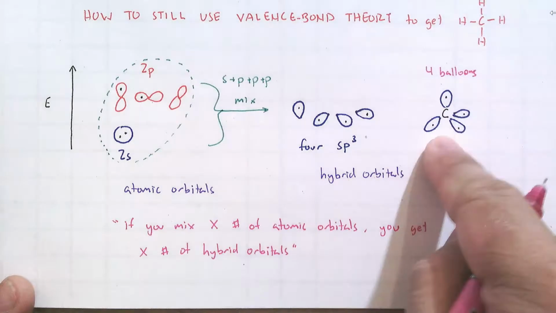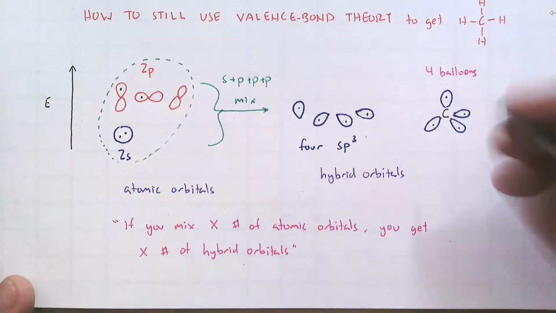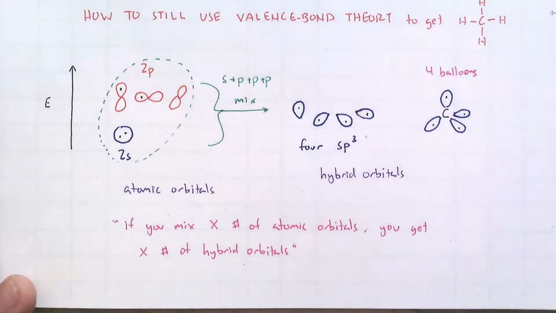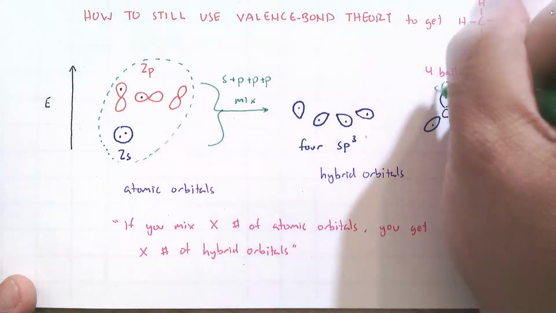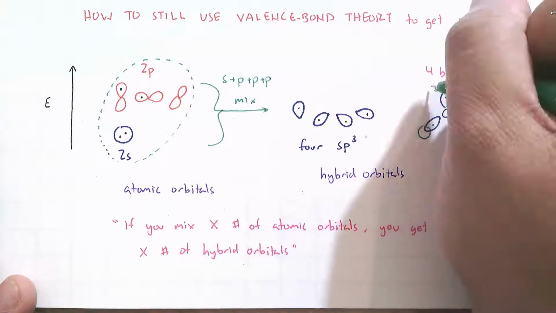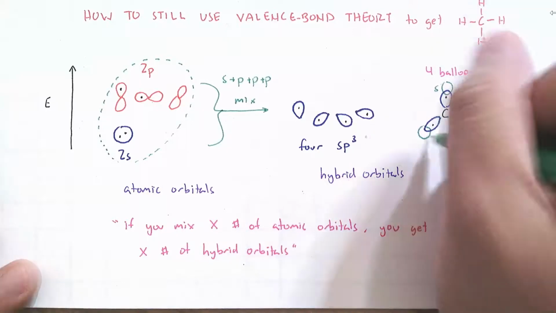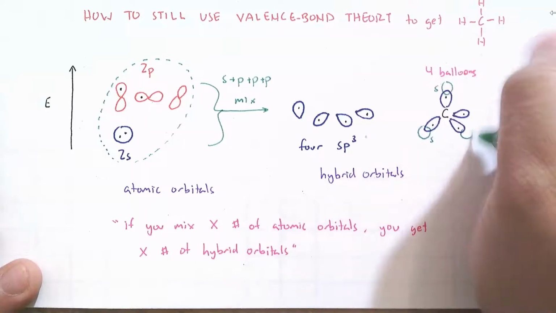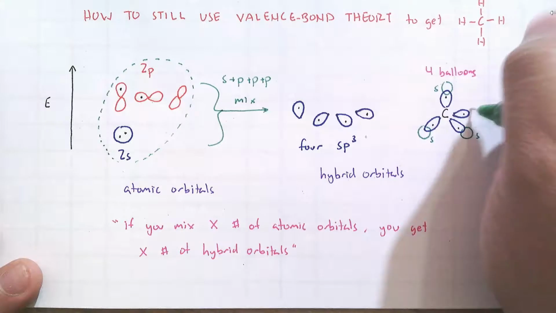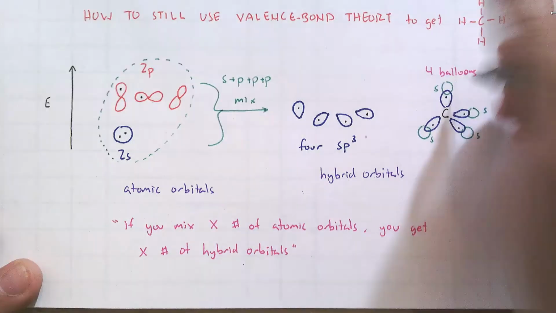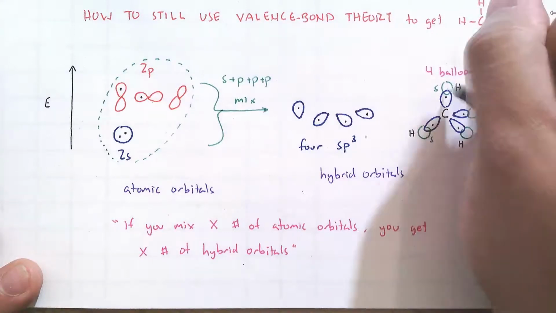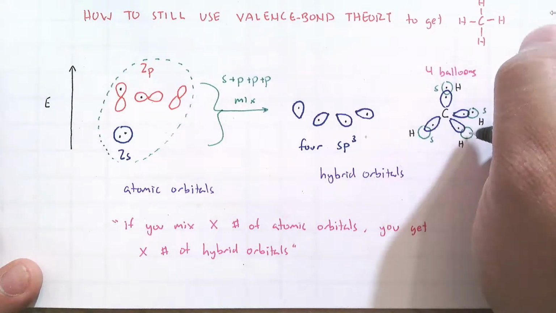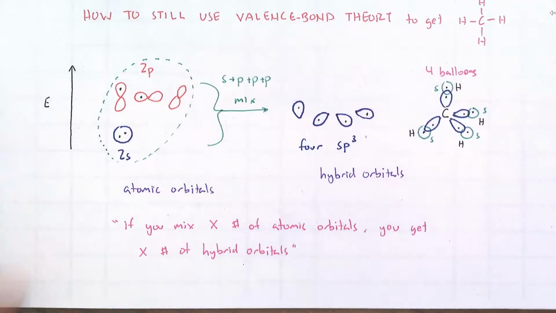That's your tetrahedral carbon right there. And if you add the hydrogens, they have the 1s orbital. So those are your hydrogens, H, H, H, and H, and they each contribute 1 electron to the bonding party.